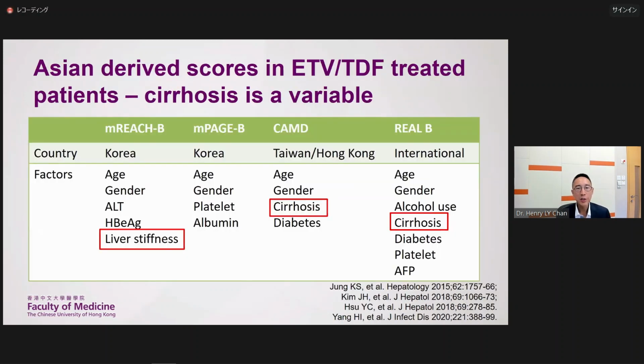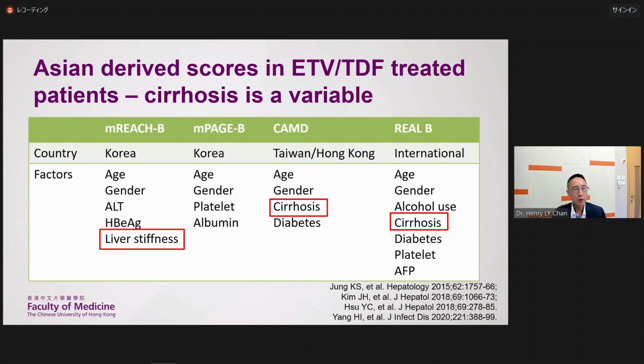Now, a lot of Asian centers also try to revalidate their scores in ETV or TDF treated patients, and many other scores are being developed. And this list is actually not exhaustive. There are more new scores coming up. These are all scores derived from patients who are treated with NA.